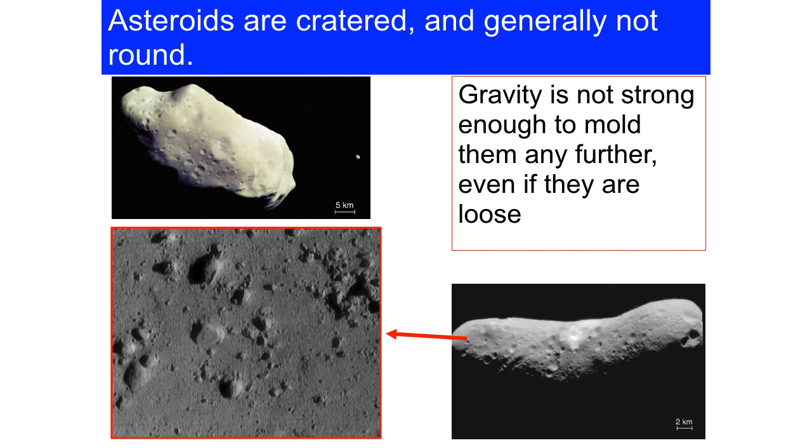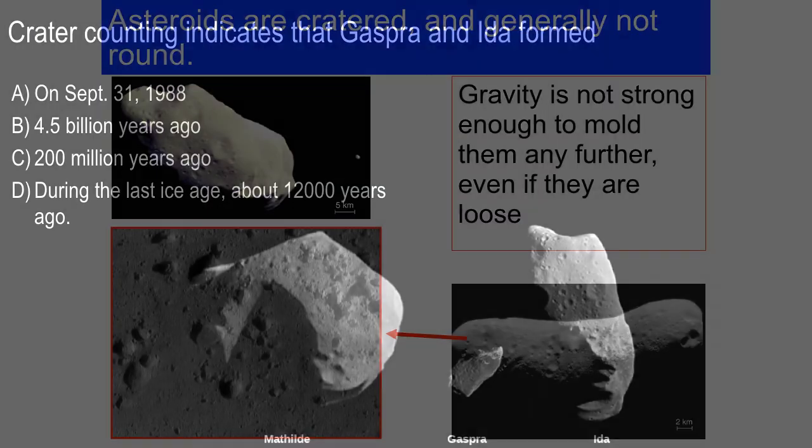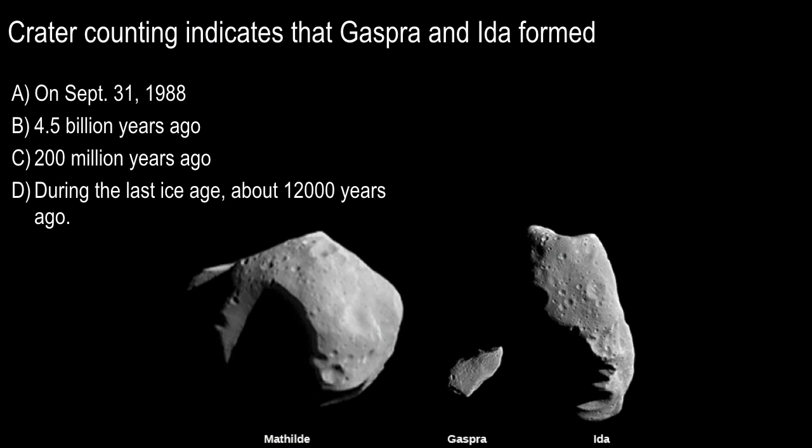Now, clicker question for you. Go ahead and turn your clickers on. This is a straight recall question. Crater counting indicates that Gaspra and Ida formed. Go ahead and read carefully and answer.